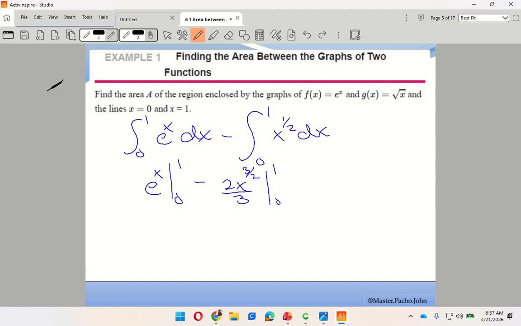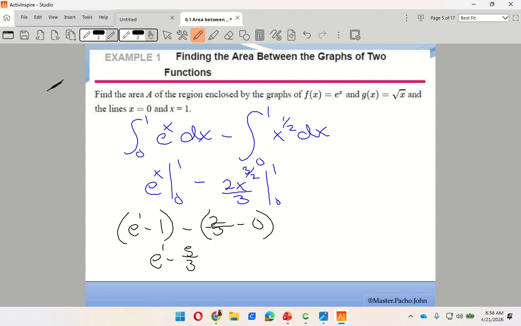So this is going to give me top minus bottom, so it's e to the first minus e to the 0, which is 1, minus this side over here, which is top minus bottom, which is 2/3 minus 0. Minus what? 5/3. So it's e to the first minus 5/3.